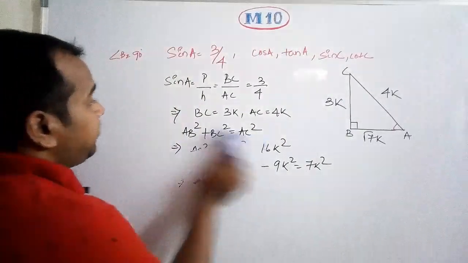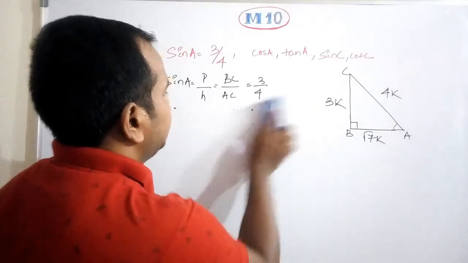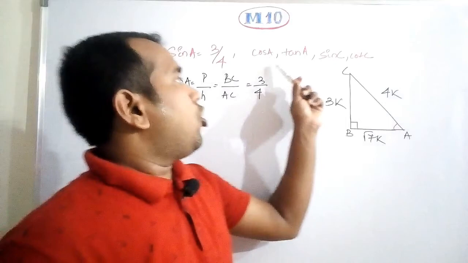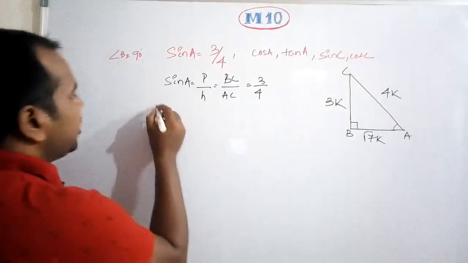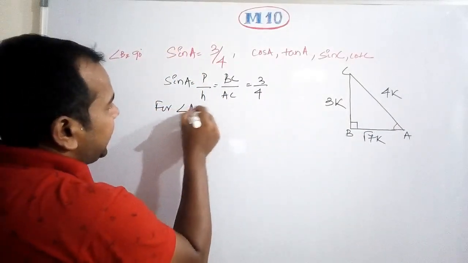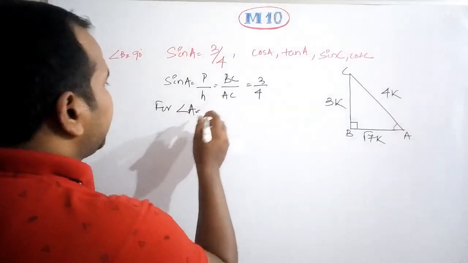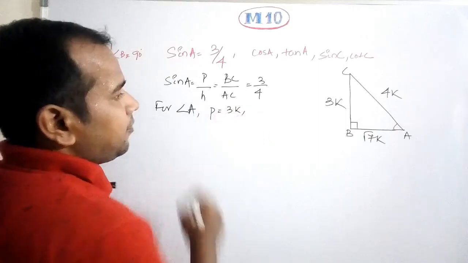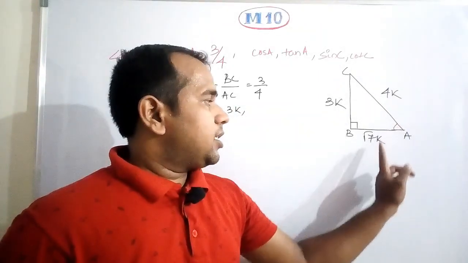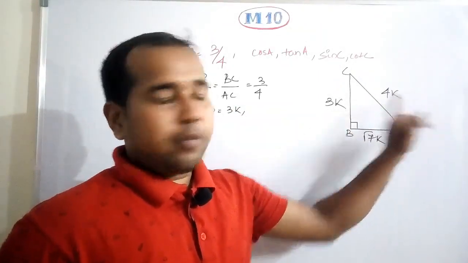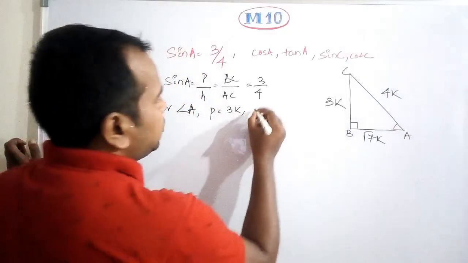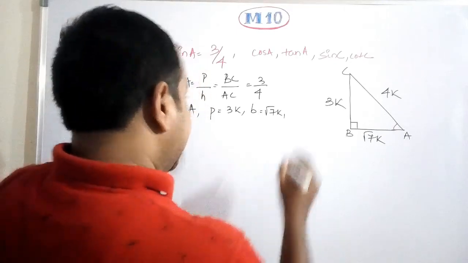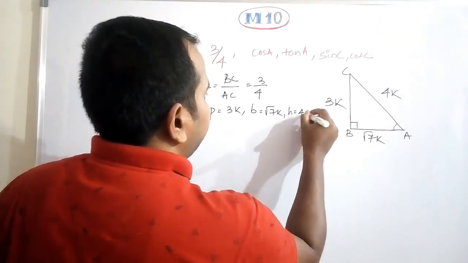I am erasing this. First of all, we have to find cos A and tan A. Now, for angle A, what is your P? Perpendicular is 3K. As this is the angle, this is the base, this is perpendicular, and this is the hypotenuse. So P equals 3K, B equals root 7K, and H equals 4K.